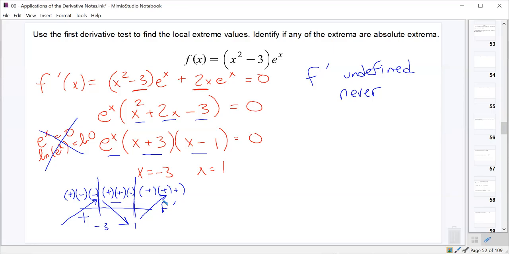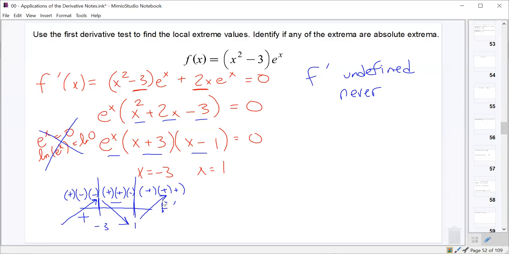Now it becomes really important for us to check what's going on with the end behavior here. Since this isn't just a cubic that we know goes to infinity and negative infinity on each side, we really need to investigate the limit as we approach infinity and negative infinity.